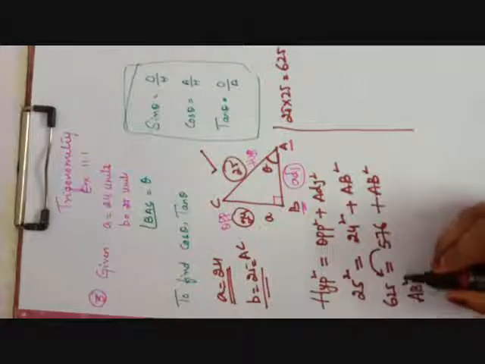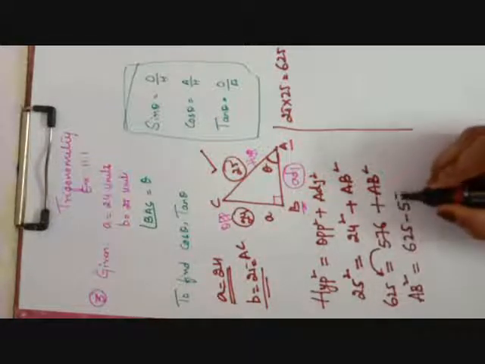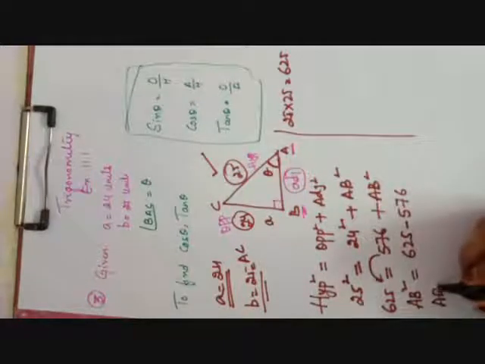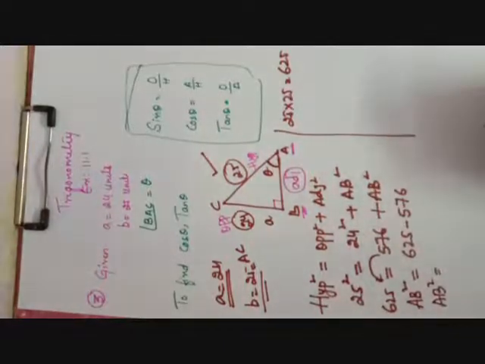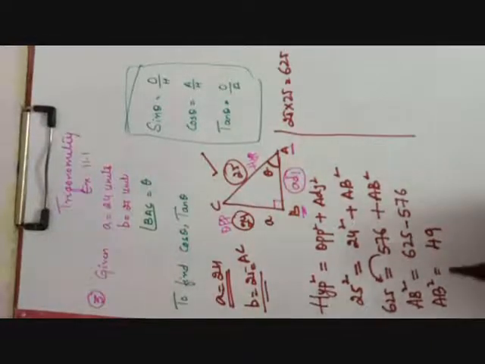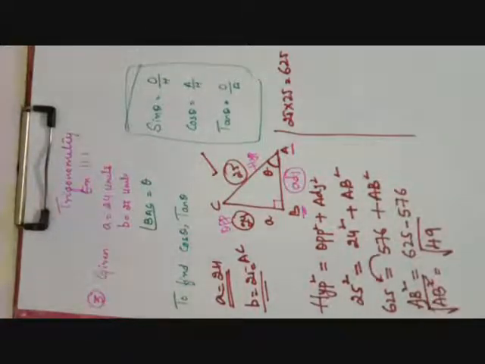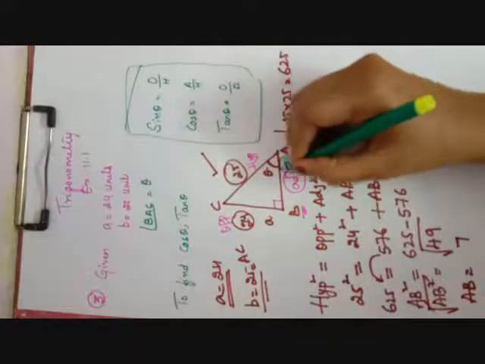So AB square is equal to 625 minus 576, which gives 49. We just want the value of AB, not the square, so taking the root on both sides, square and root cancel. AB is equal to root 49, which is 7. We got the value of the adjacent as 7.